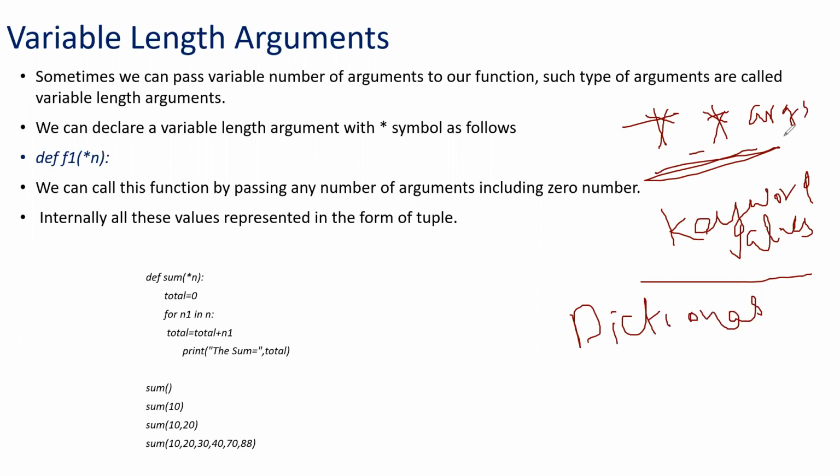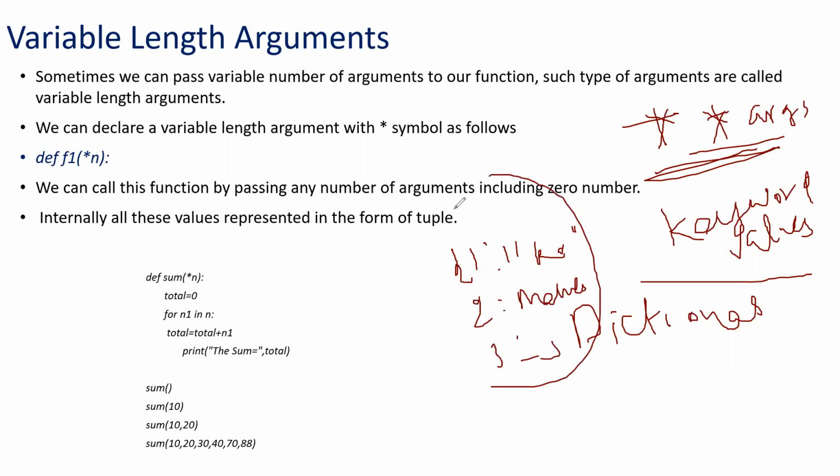For example, if you use double star, then here 1 Rajesh, 2 Mahesh, 3 Suresh. Like that, we can pass multiple values at a time using this one. Just keep it in mind, and we'll discuss further.